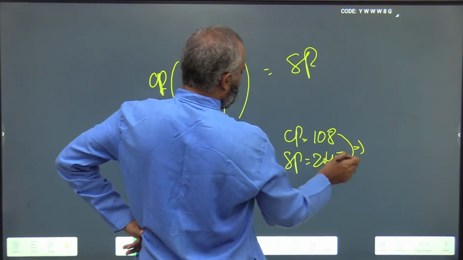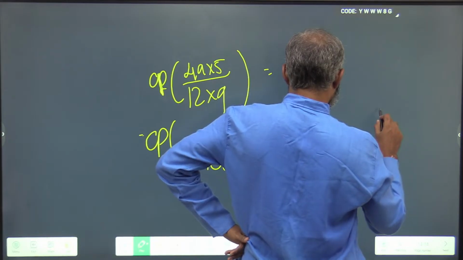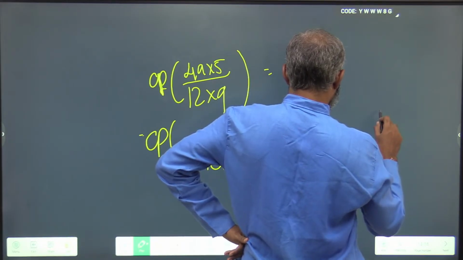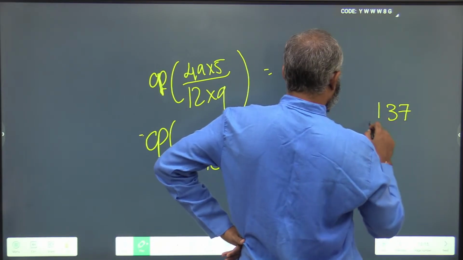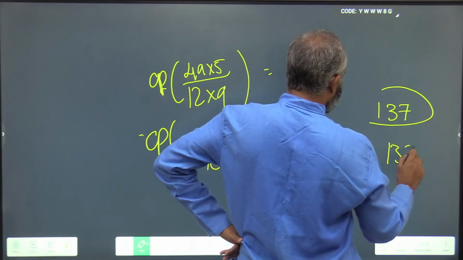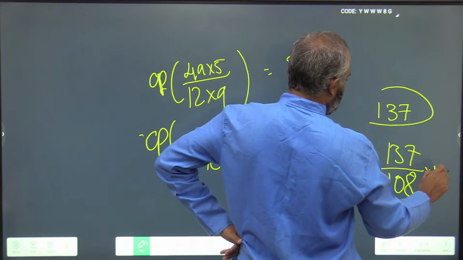So what is the profit? Profit is 137. Yes, profit is 137 on a factor of 108 to 100.